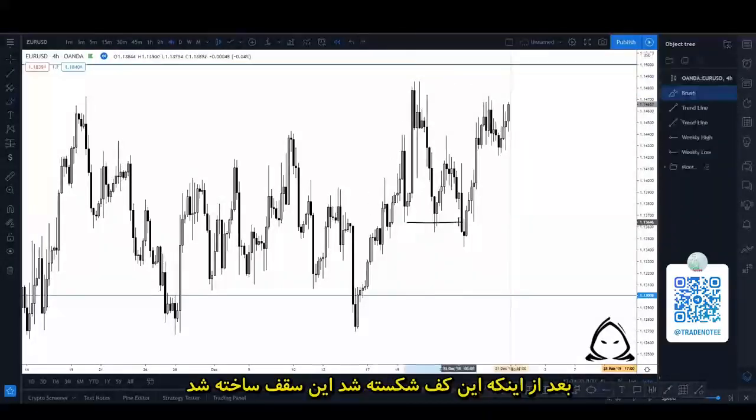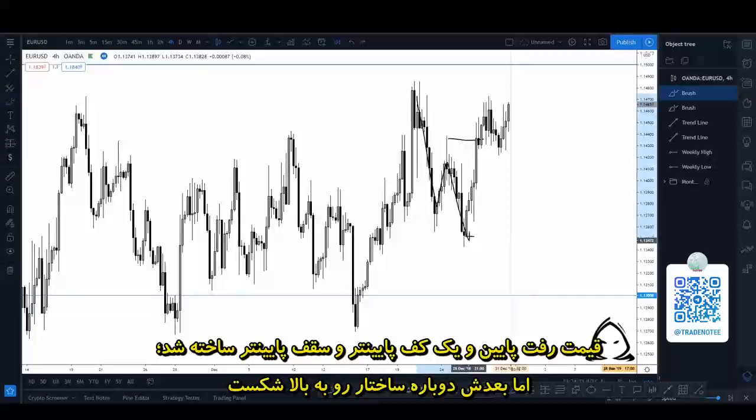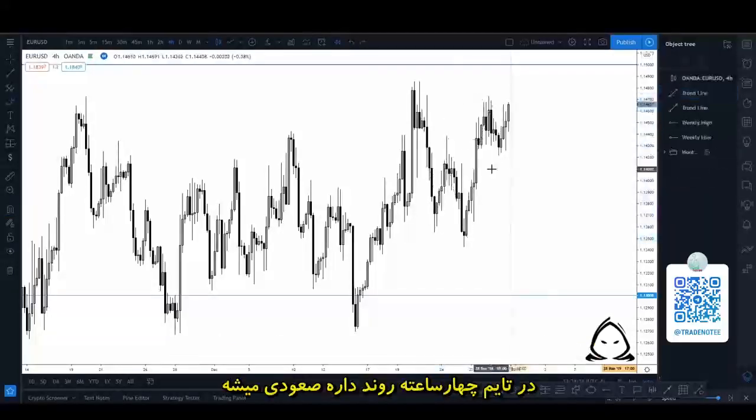But once we actually broke this low here, we created a high here as price went down, creating a lower low and a lower high, but then we broke to the upside. So as we can see from the 4-hour chart, we are now starting to switch bullish.